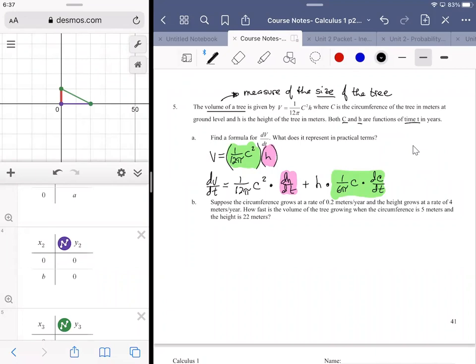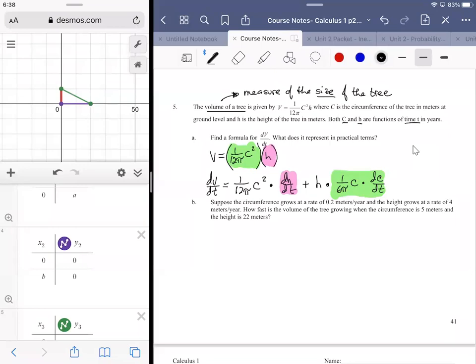So if it takes up more space, it's probably bigger. So it's reasonable to assume that the volume of something gives us an indication of the size of that something. So what dV/dt is giving us is the rate of change of the size of the tree. Now, it's not talking about height specifically or width or anything. It's just the overall space that the tree takes up per unit of time.